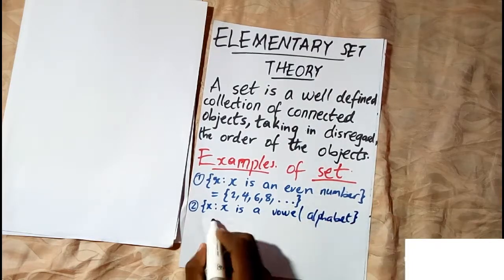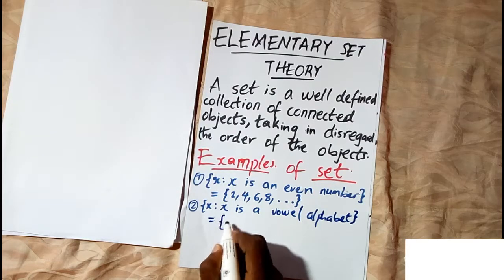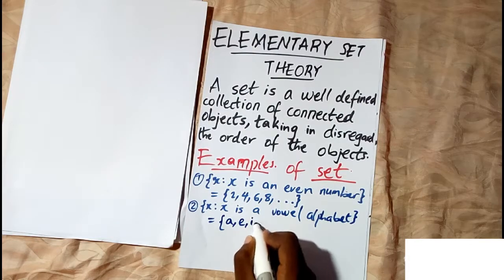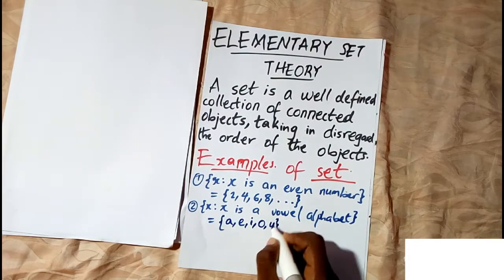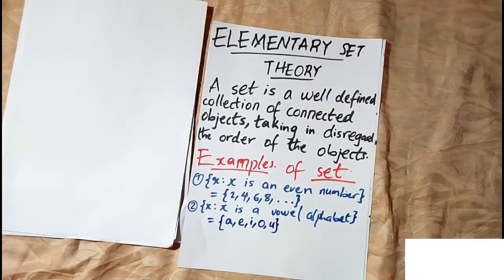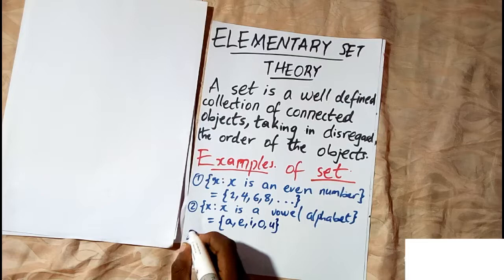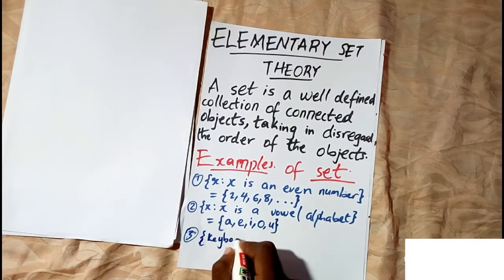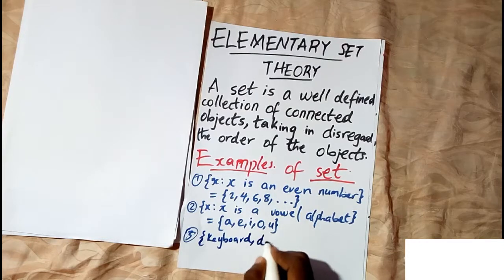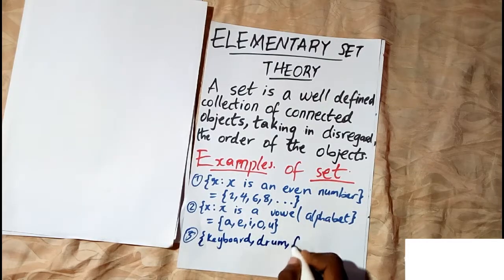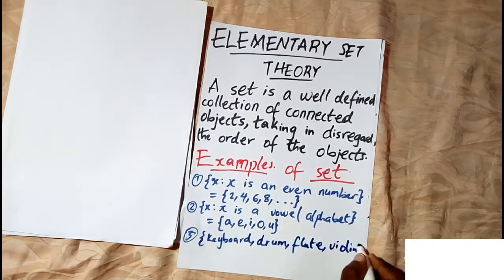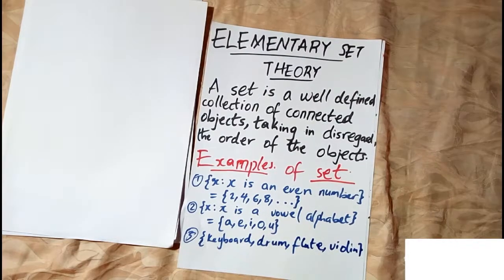The connection is that all the members of this set are vowel alphabets. We have a set of musical instruments, maybe a keyboard, a drum, a flute, violin, and so on. There are many. So all these are sets.